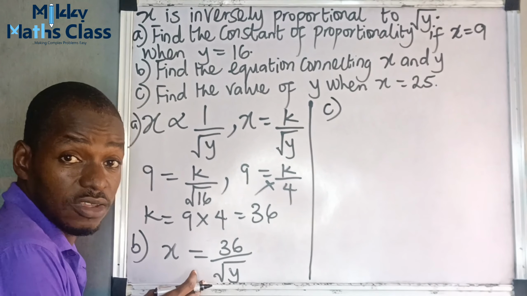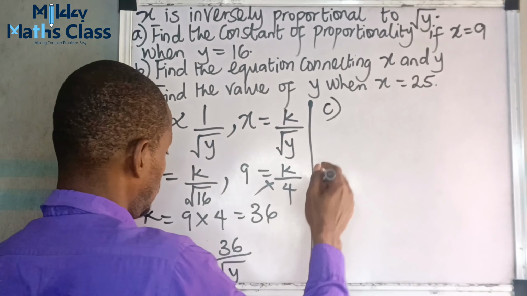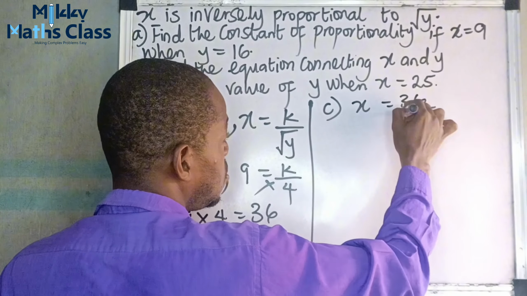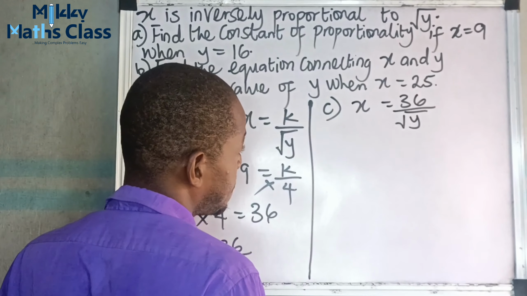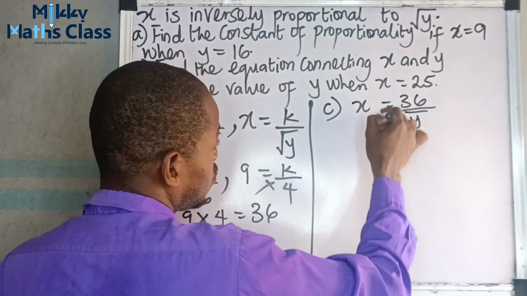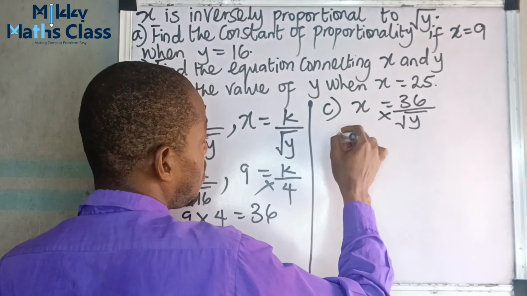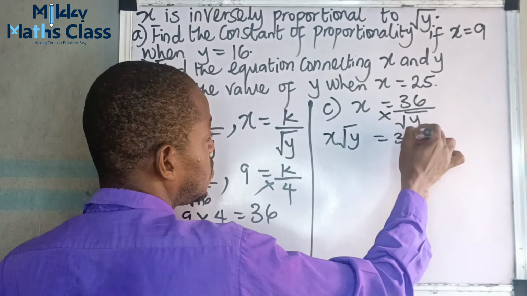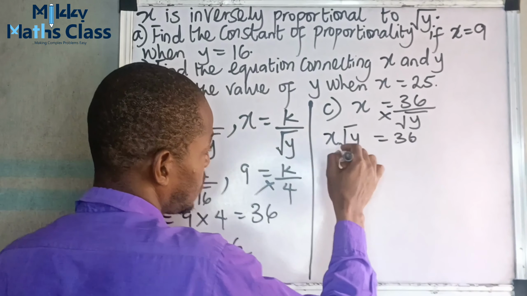So let's make y the subject of the formula here. So we have that our x is equals to 36 over root y. Then from here, cross multiply. So we have our x root y is equals to 36. Divide both sides by x.